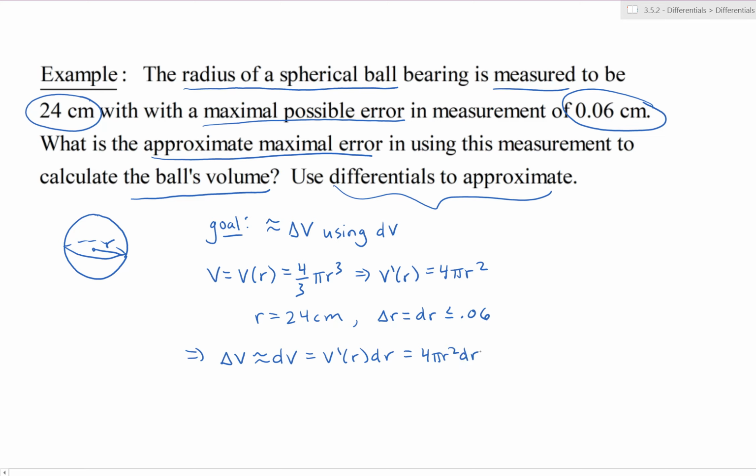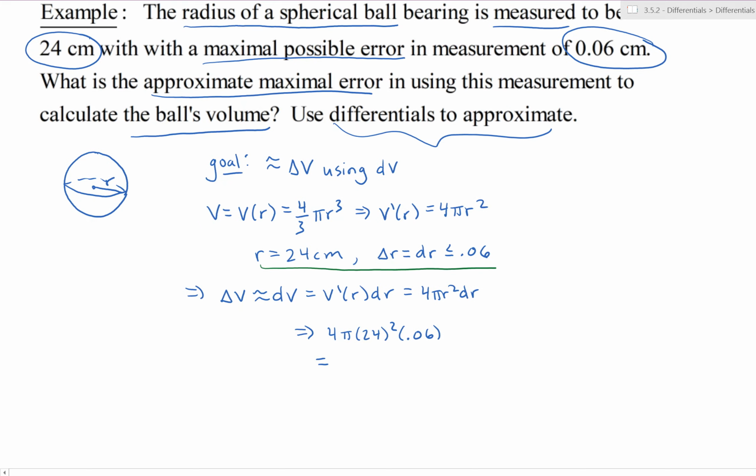And now using the values stated above, if we plug those into this formula, we get 4 times pi times 24 squared times the maximal possible error in measurement, which is 0.06. And in this case, multiply it out. What do you get?